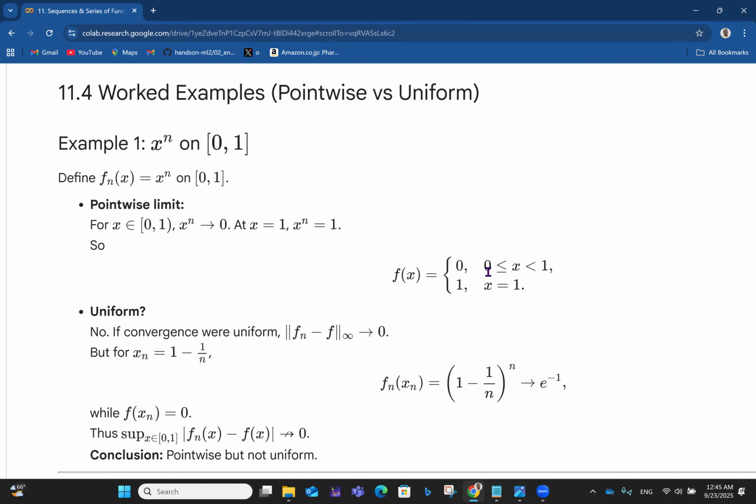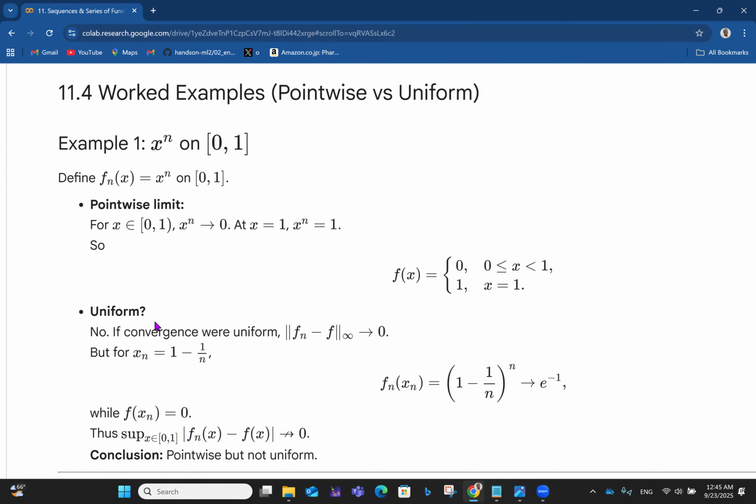So starting from 0 to somewhere before 1, the function is defined as 0. But at x equals 1 itself, the function is 1. So it becomes a step function like that. So we see that the function x^n converges pointwise. Now the question is, does it converge uniformly?